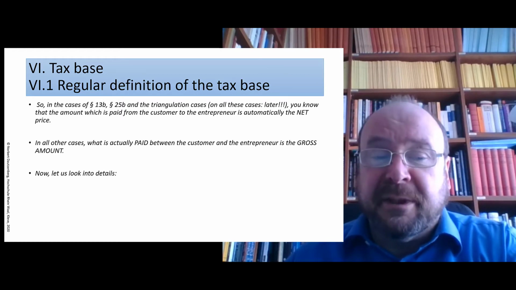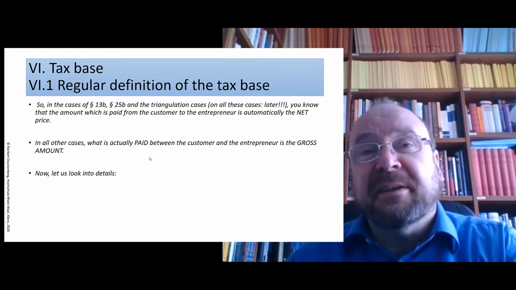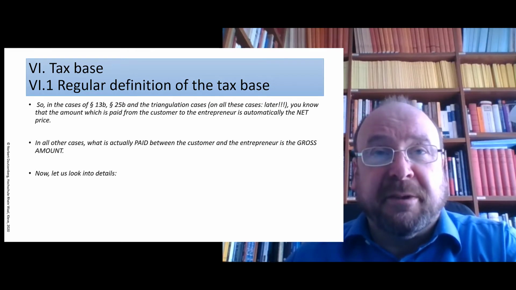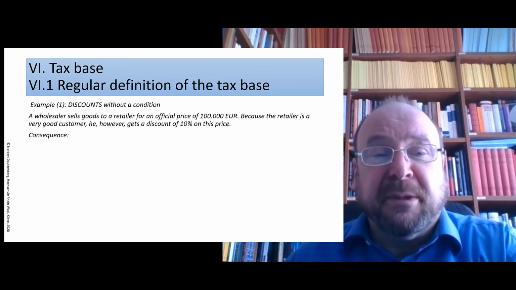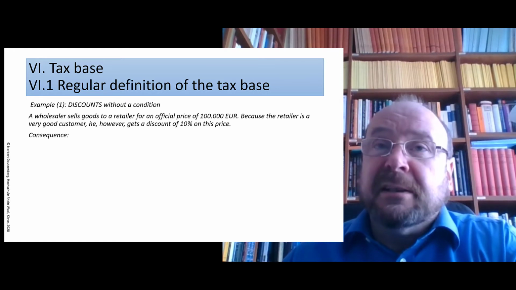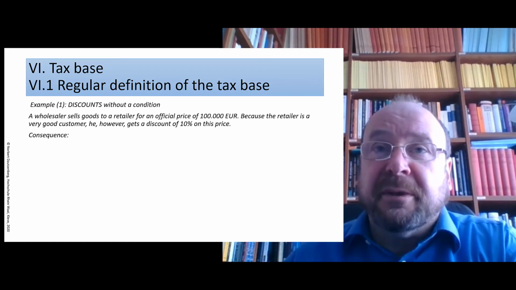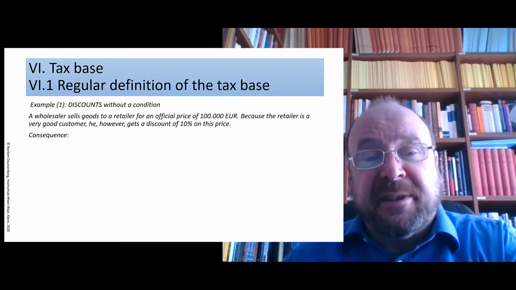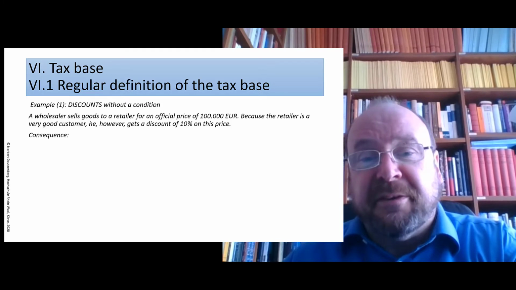Now let's look at details. What does it mean that all the supplier gets is a part of the gross amount and that the VAT amount has to be deducted? What can happen with regard to the tax base? Well, discounts can be granted without any conditions.